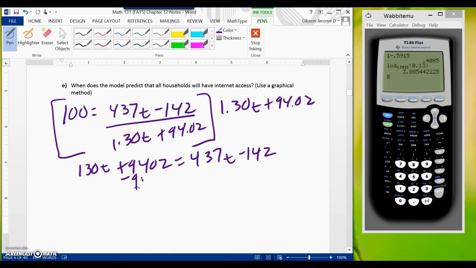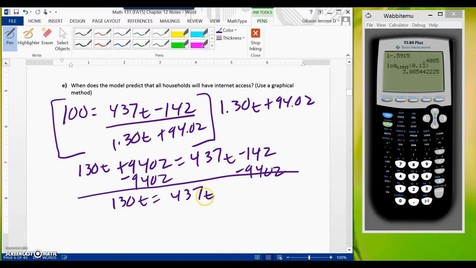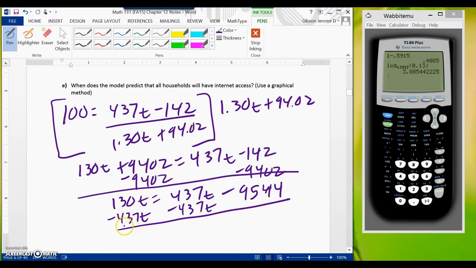So we could subtract 9,402 on both sides. And we have 130t is equal to 437t minus, this would be 9,544. Okay, then we'll subtract 437t on both sides. And this will give us negative 307t is equal to negative 9,544.